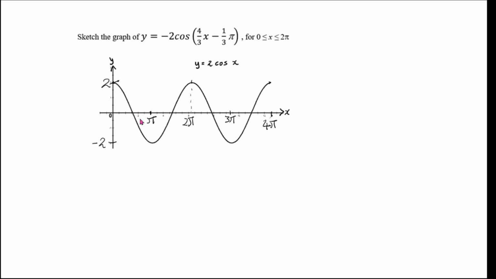Then for this one, it is half of pi, 1 over 2 pi. So this one is 3 over 2 pi. This one is 5 over 2 pi. This one is 7 over 2 pi.